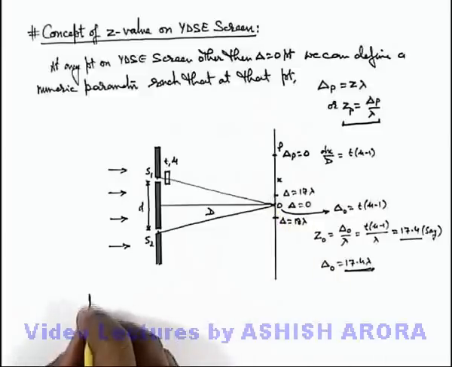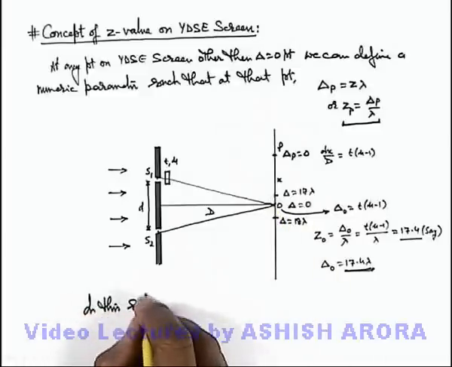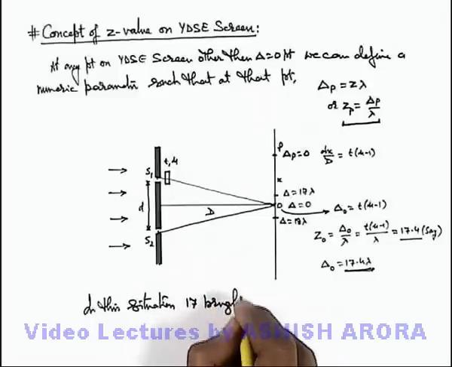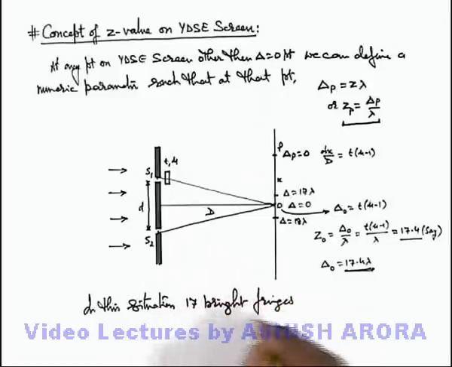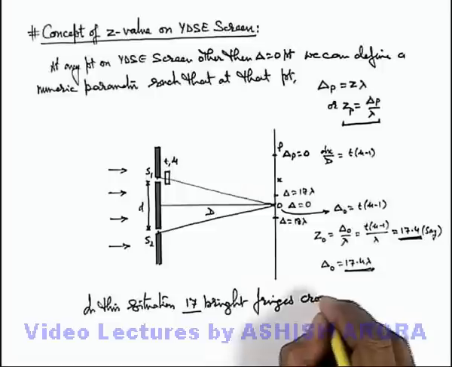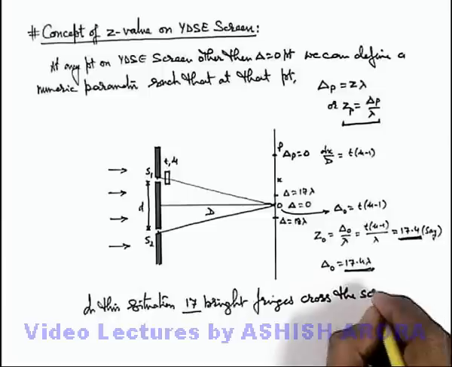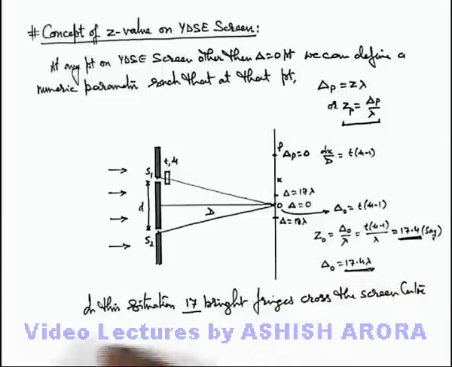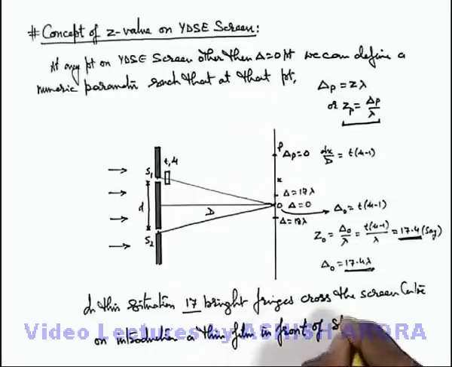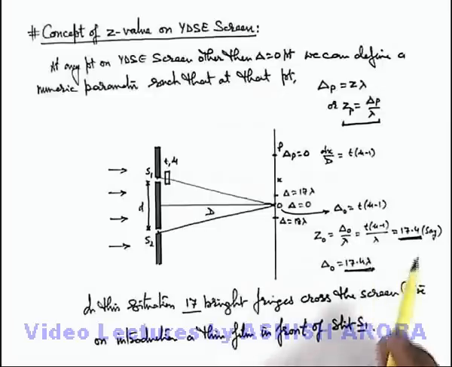That means, obviously in the case when this value is 17.4, 17 bright fringes cross the screen center on introduction of a thin film in front of slit S1.